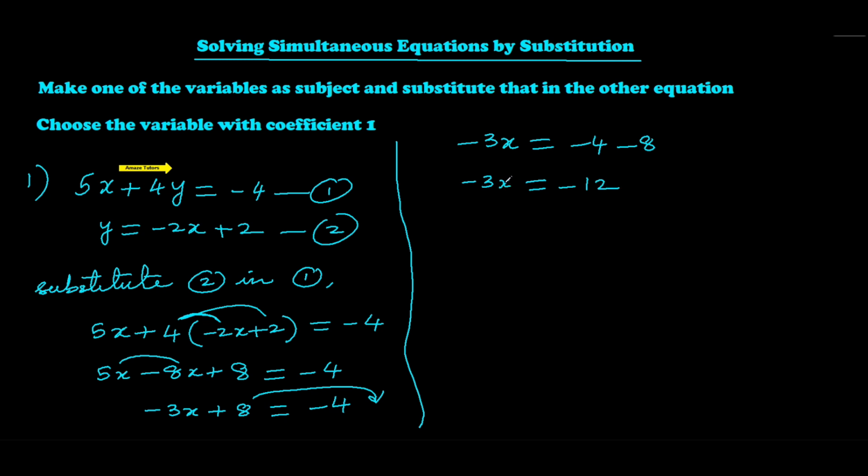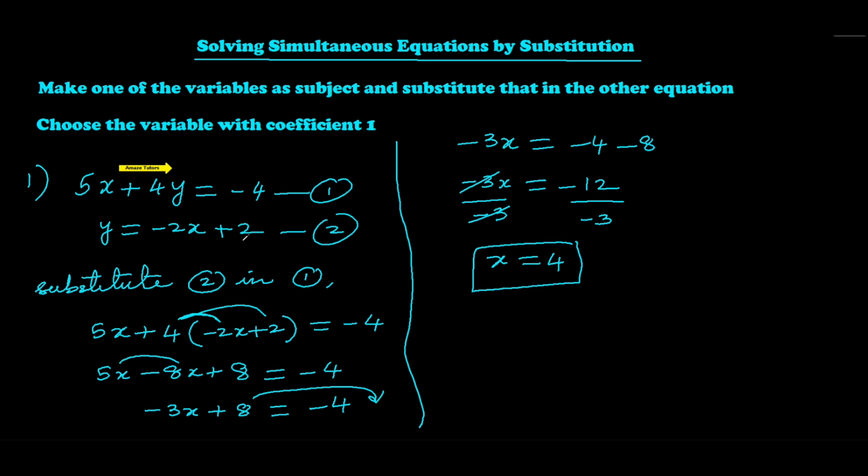The final step to solve for x is get rid of the negative 3, divide by negative 3 on both sides. So negative 3 gets cancelled. x is equal to negative 12 by negative 3, positive 4. Now we got the value of one of the variables, which is x equal to 4.